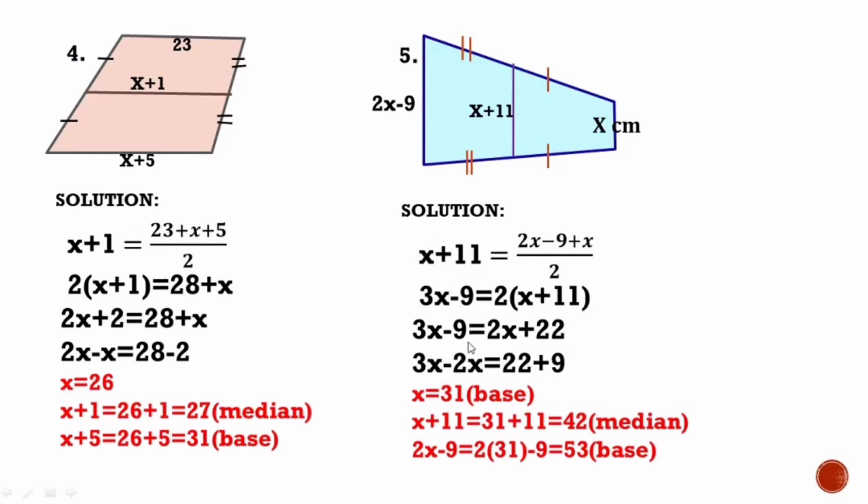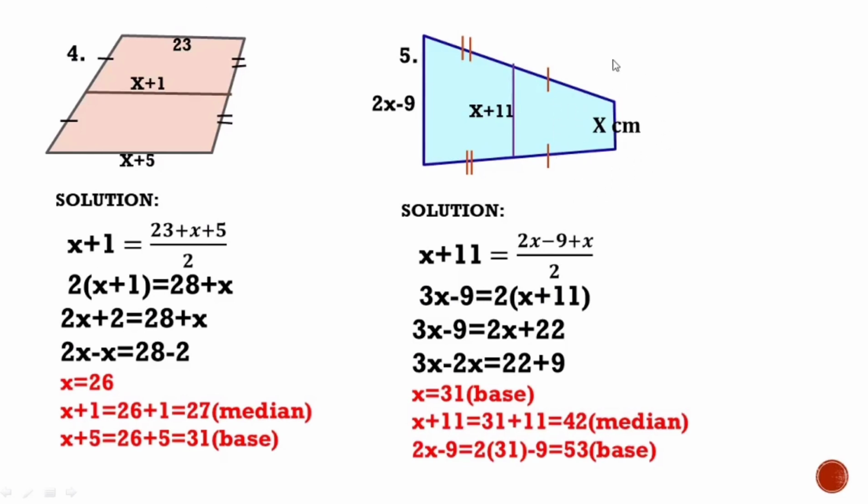So 3x minus 9 equals 2x plus 22, because 2 times x is 2x, 2 times 11 is 22. Solving for x, we have 3x minus 2x equals 22 plus 9. So 3x minus 2x is x equals 31. So yung 31 natin, length ng isa sa mga bases.